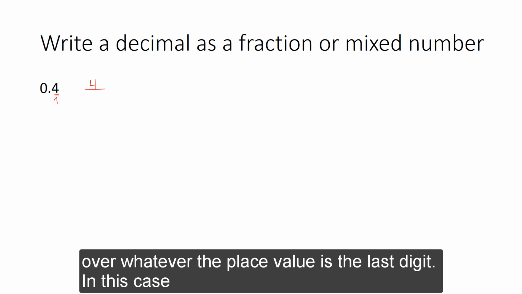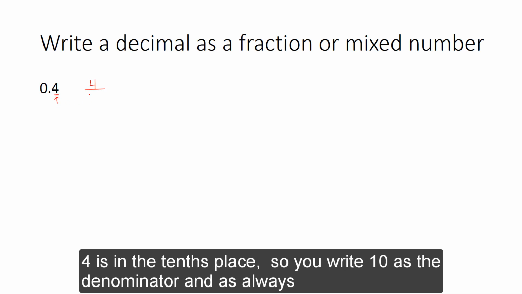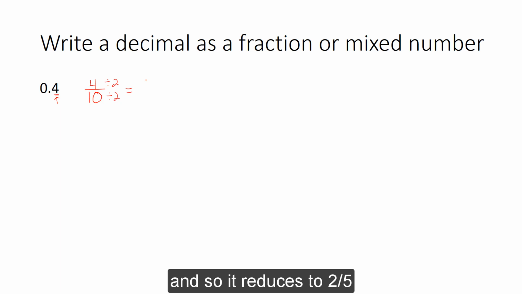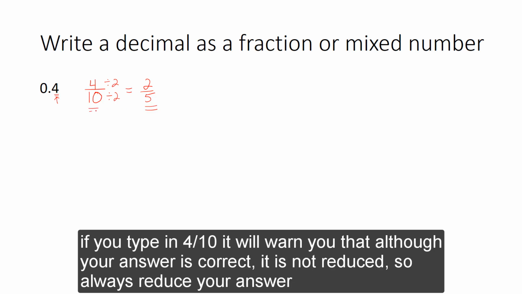In this case, this is in the tenths place, so you go ahead and write that as the denominator, and as always you have to reduce your fraction to lowest form. These are even numbers, and so when we reduce it, it reduces to 2/5. If you type in 4/10, it will warn you that although your answer is correct, it is not reduced. So always reduce your answer.